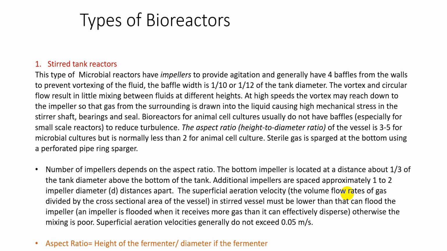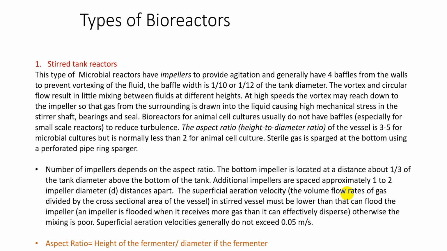Bioreactors for animal cell cultures usually do not have baffles. Why? Because the baffles may break the animal cells, which are very fragile and they are not hardy like the bacterial cells or the plant cells which have a cell wall.